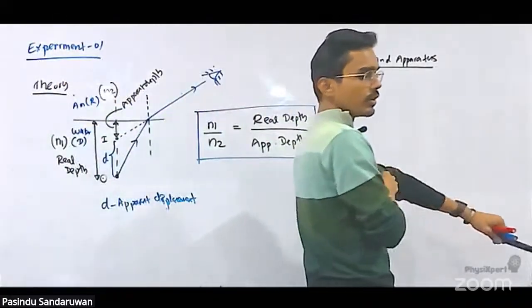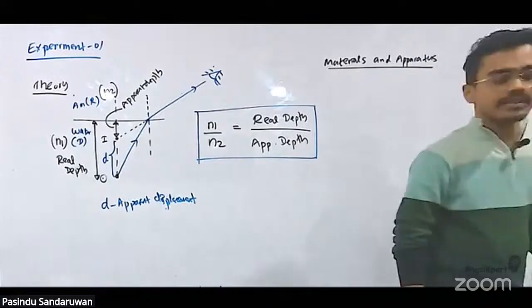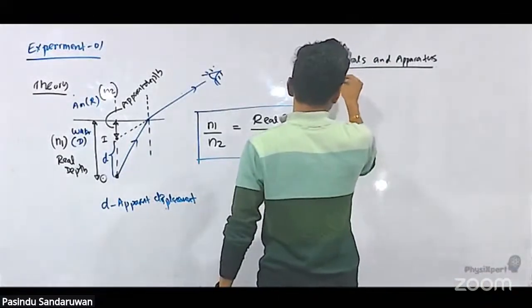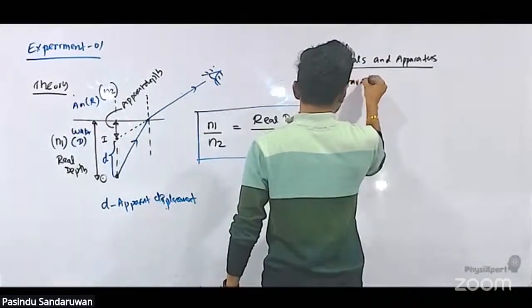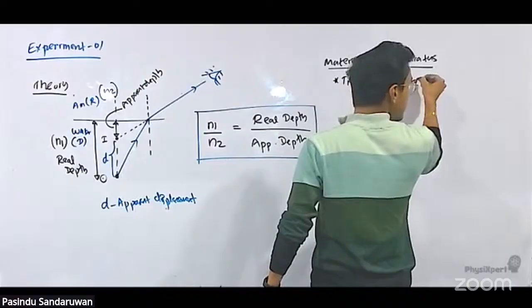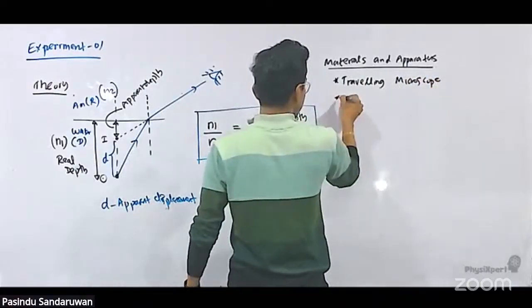We are going to measure this using a traveling microscope, so first of all we need a traveling microscope. Mention the list. First one, traveling microscope.